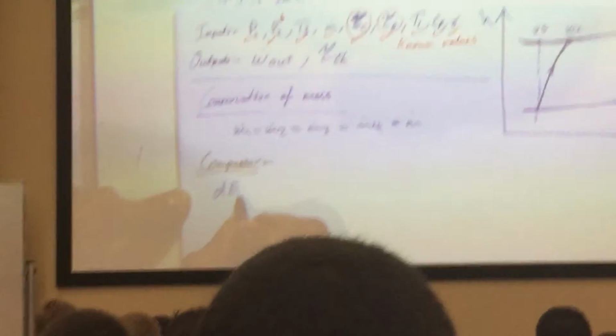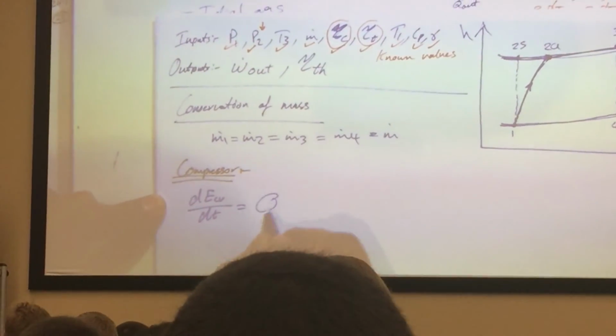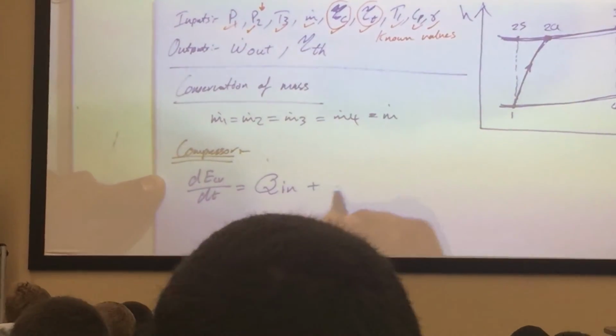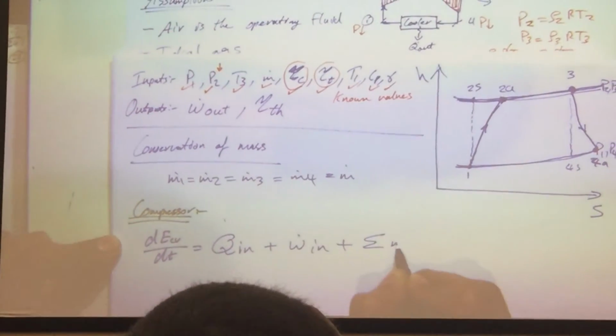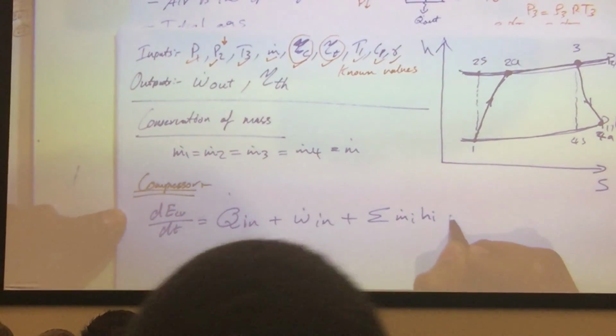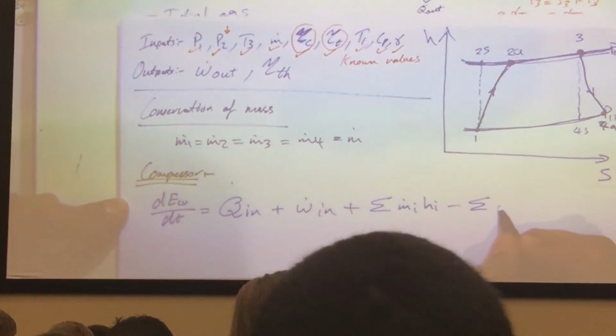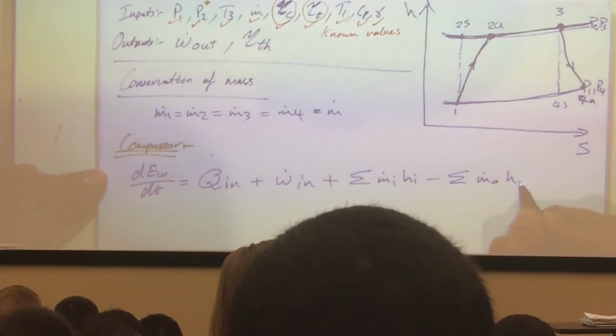Let's apply conservation of energy. What's conservation of energy? The rate of change of energy over my control volume over dt is equal to Q in plus work in plus the summation of m dot in, h in, minus the summation of m dot out and enthalpy out.